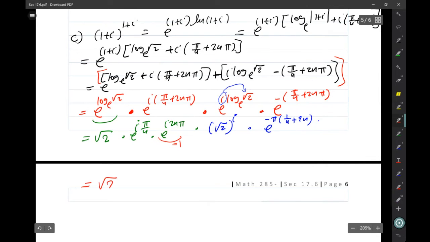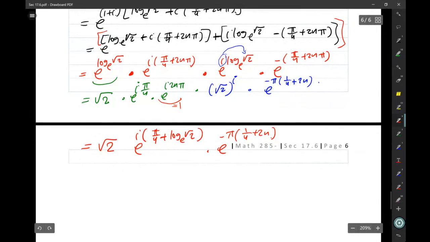So this becomes the square root of 2 times e to the power I, and e to the power I for logarithm, take I as a common factor, becomes e to the power I of pi over 4 plus logarithm square root of 2 with base e, times e to the power minus pi of 1 by 4 plus 2n.